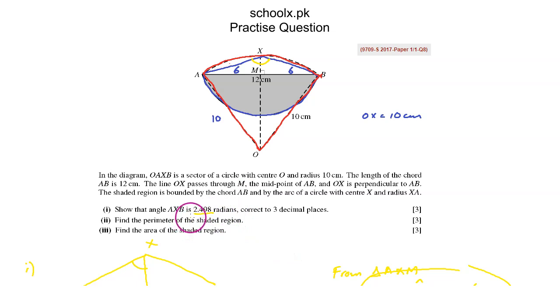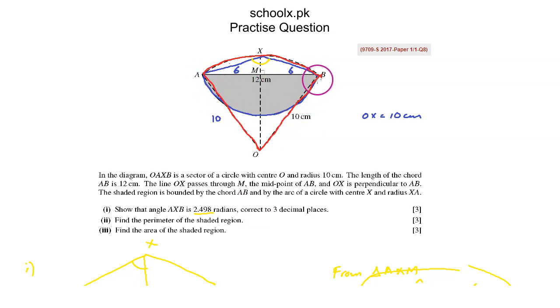Now moving on to the second part, which asks us to find the perimeter of the shaded region. I've told you before, perimeter is basically the sum of all sides. Now let's plan that out. The shaded region is composed of the line AB and the arc AB.